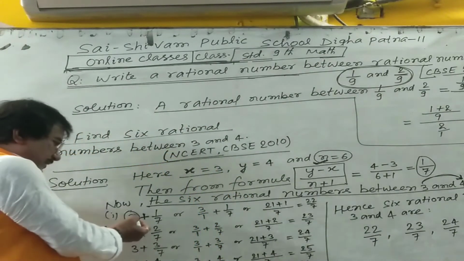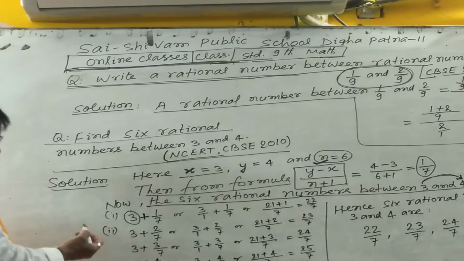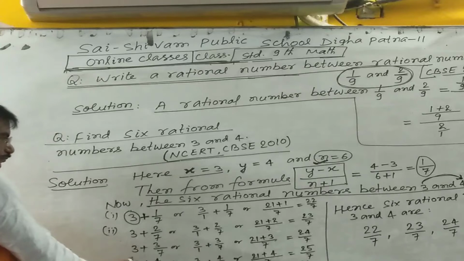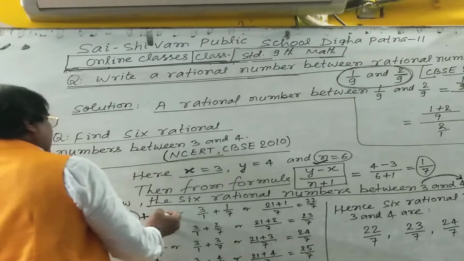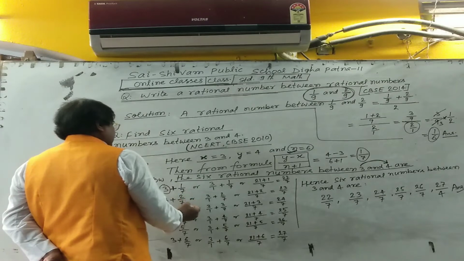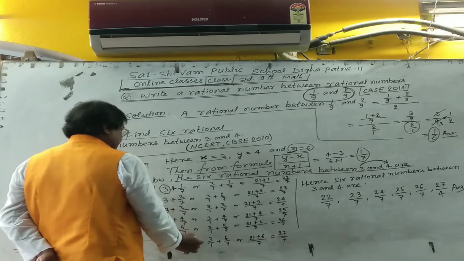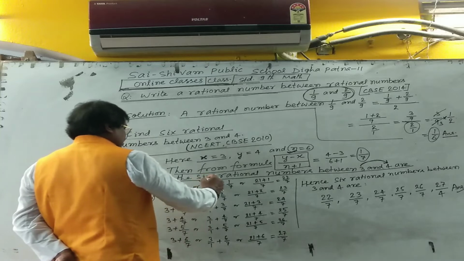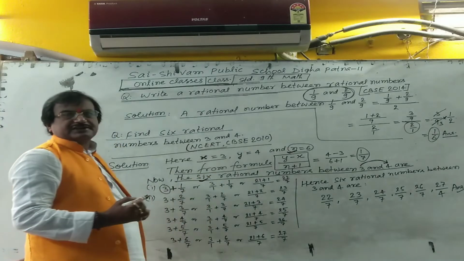So the starting number in all 6 rational numbers is 3, but the ending numbers are 1/7, 2/7, 3/7, 4/7, 5/7, 6/7, because 6 rational numbers are asked.